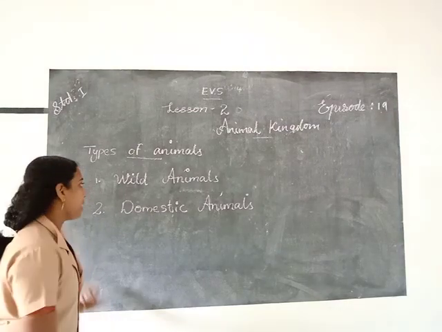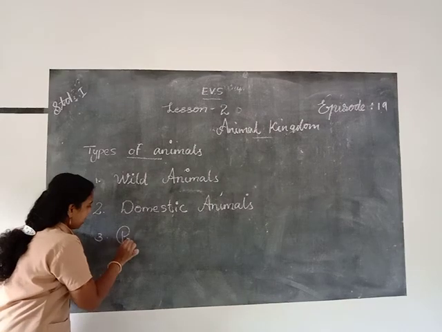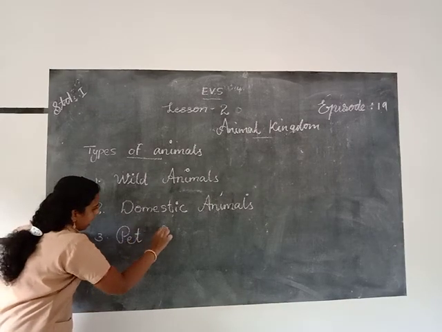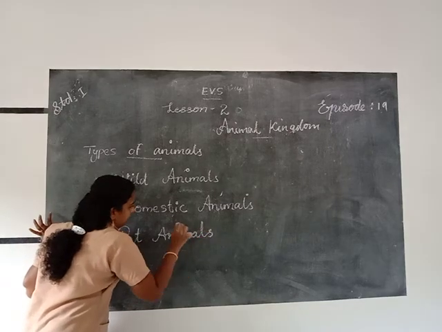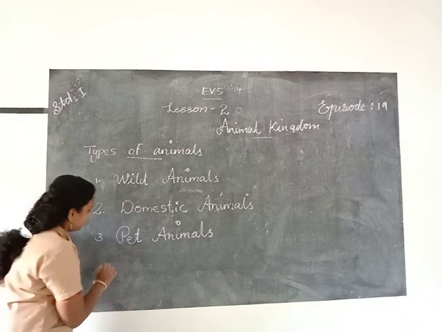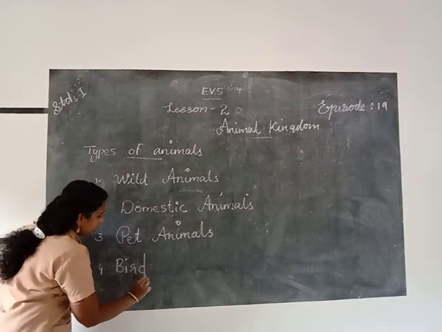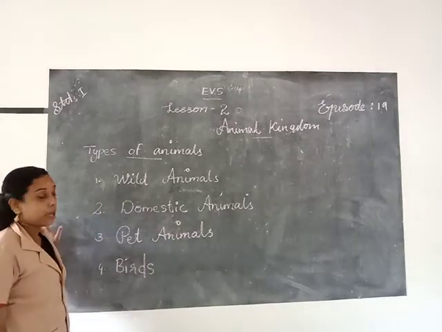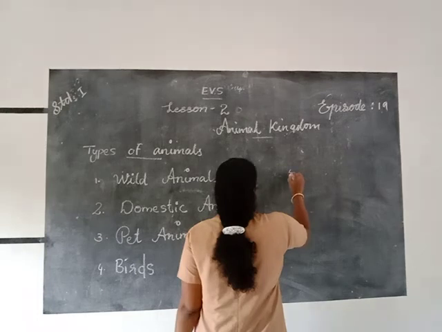Then the third one is pet animals, P-E-T, pet, animals. Then the next one is birds, B-I-R-D-S, birds. And the fifth one, insects.